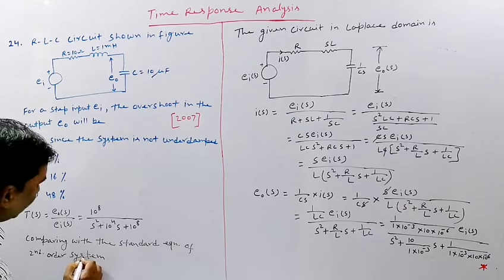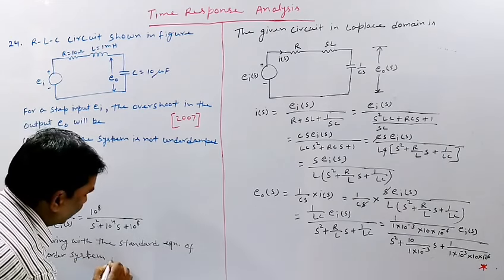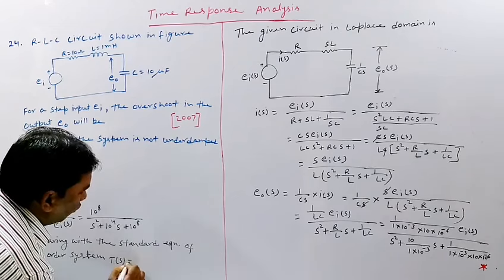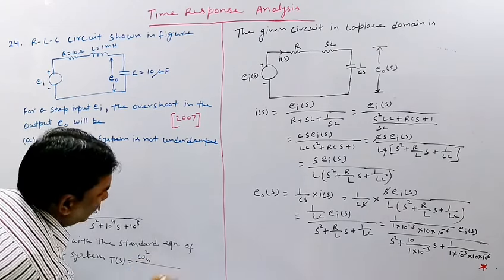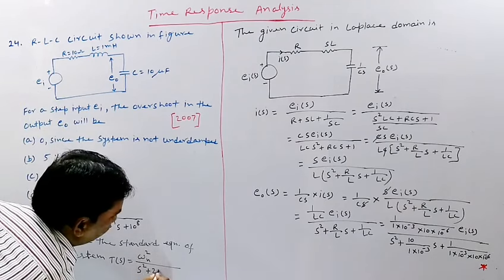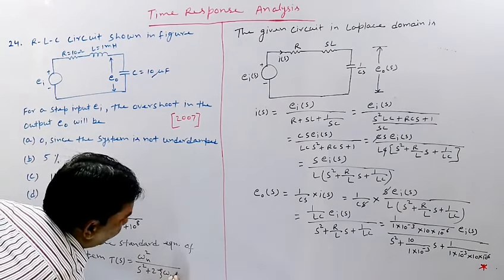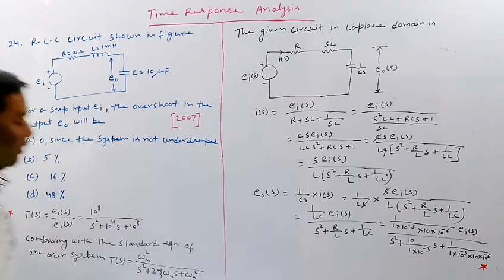What is the standard equation of second order system? The standard equation is Ts equal to omega n square divided by S square plus 2 zeta omega n S plus omega n square. This is the standard equation.